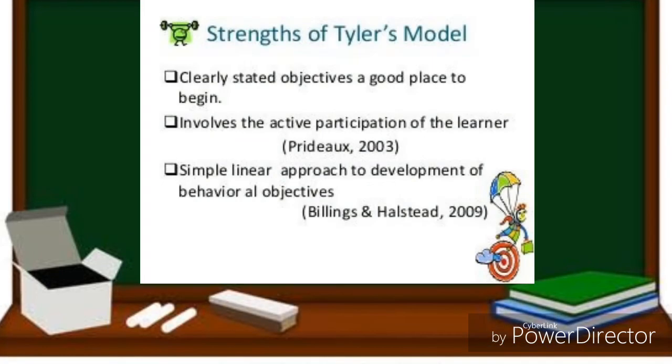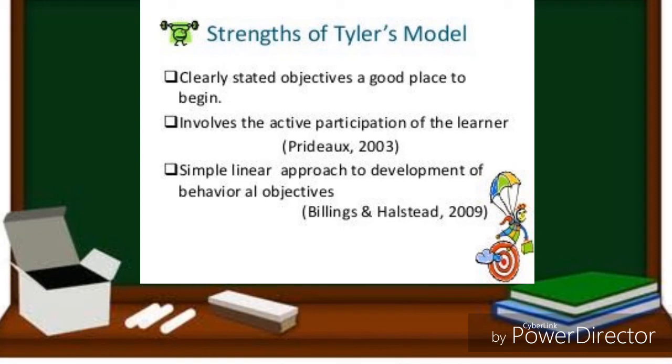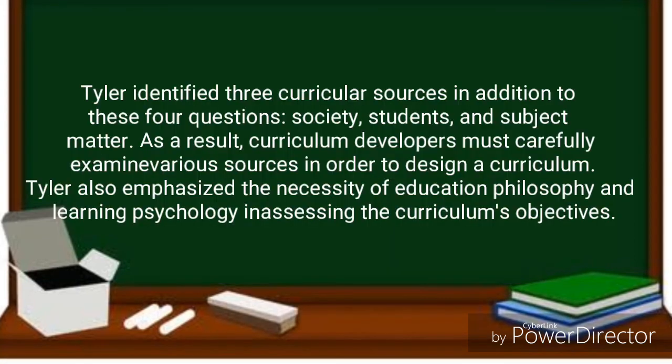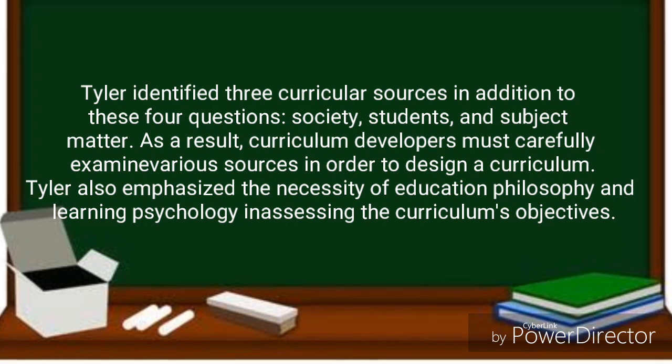So, the strengths of Tyler's model: clearly stated objectives are a good place to begin. It involves the active participation of the learner and a simple linear approach for the development of behavioral objectives. In summary, Tyler identified three curricular sources in addition to these four questions: the society, students, and subject matter.